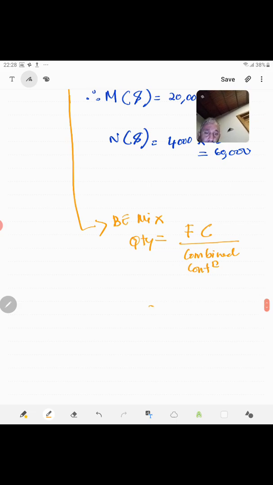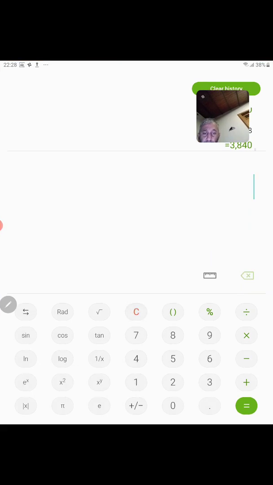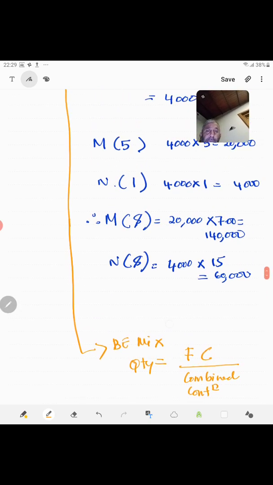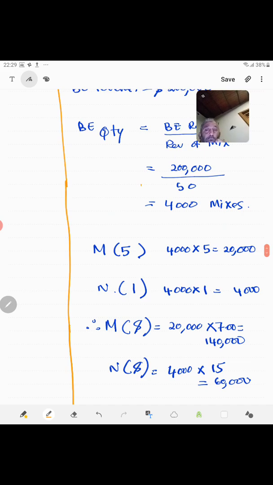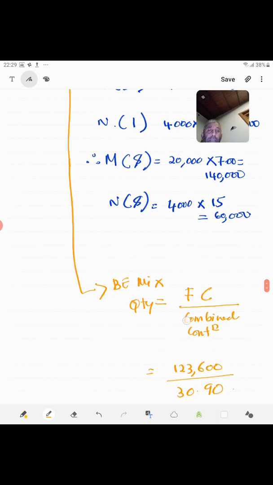Therefore, 123,600 divided by 30.90 gives me 4,000. So you can calculate the break-even quantity using the CS ratio basis or using the combined contribution basis.